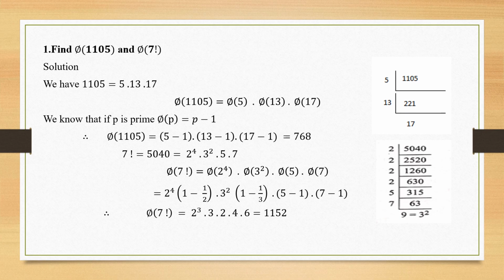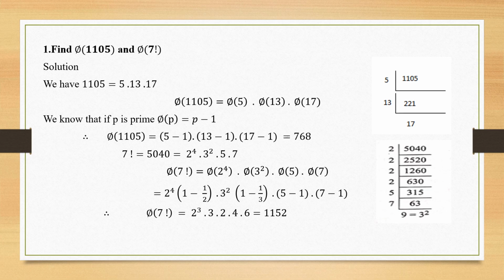Now phi of 1105 can be written as phi of 5, phi of 13 and phi of 17. After factorizing and splitting it, I will check whether each given value is a prime number or not. I land up with one of two cases: either a prime number or not a prime number.